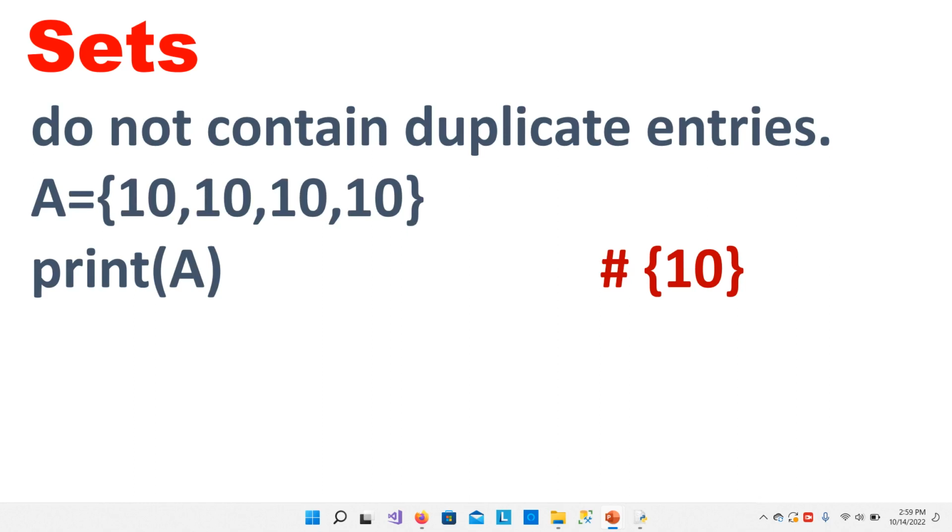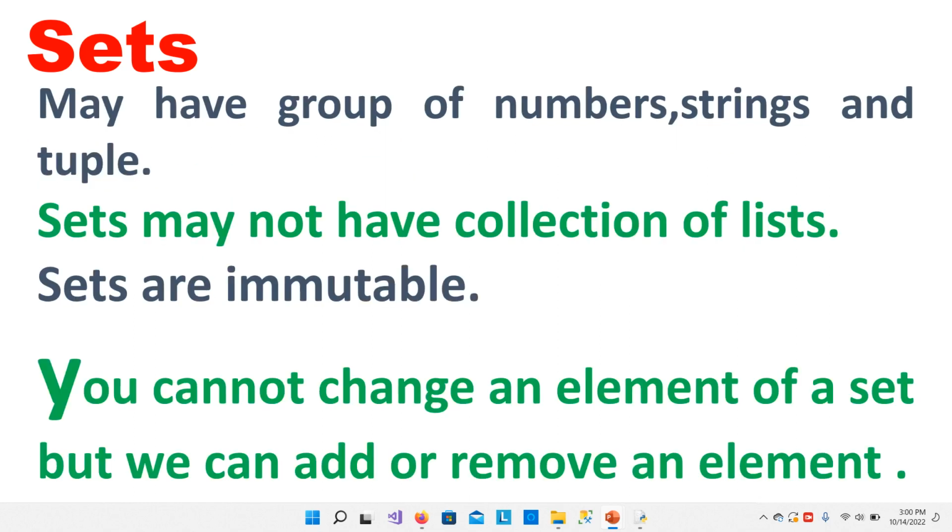So when you print A, we have taken A as a set, so you will get the same output as you are seeing in red color, 10 within curly brackets. So sets may have a group of numbers, a group of strings and a group of tuples, but a set may not have a group of lists.